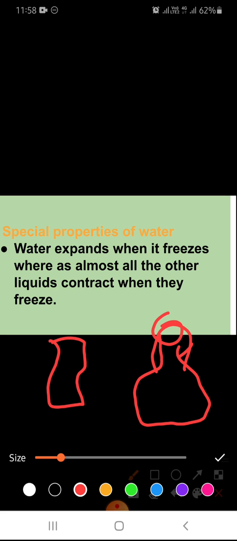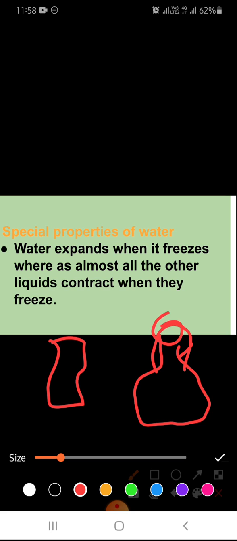Why? Because water expands when it freezes, whereas other liquids don't. It is because of this reason that a soft drink bottle should never be left in the freezer for a long time, because its contents will expand, and there's a chance that the bottle will burst.